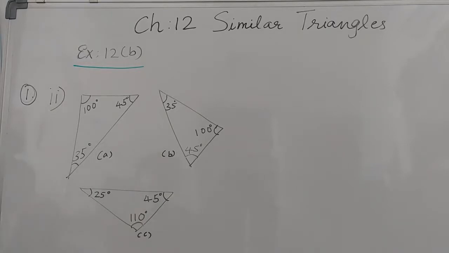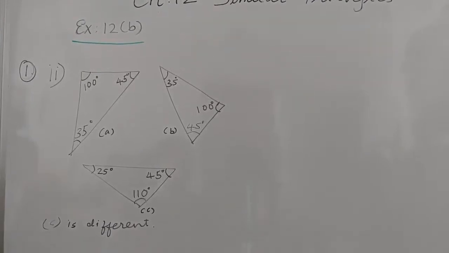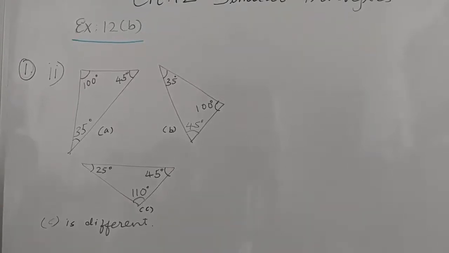So it is different from A and B. So in our first question, second part, the answer is C is different from the other two triangles A and B. This way we can solve question 1, second part. Similarly students, in the first and third parts you can find out which one is different.